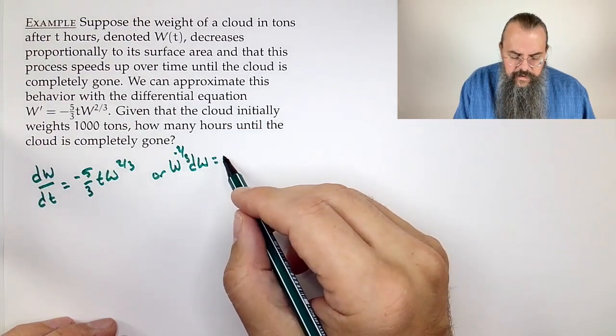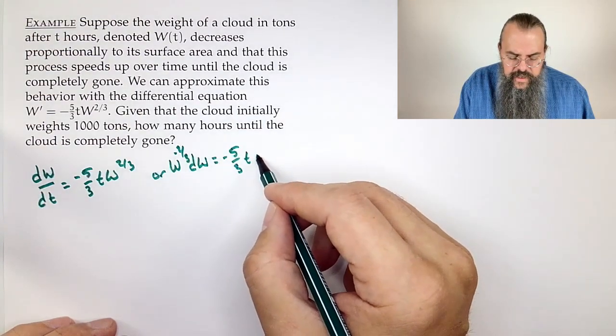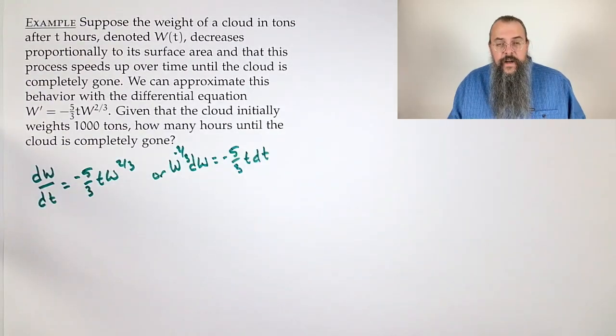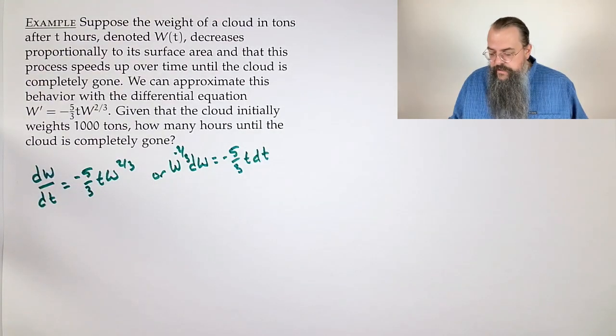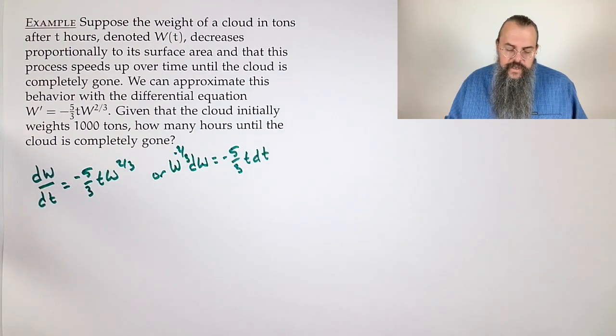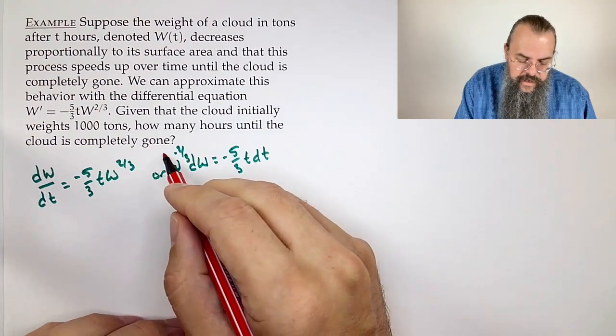That equals minus 5/3 t dt. All right, so there's our separation. Very quick, very straightforward.